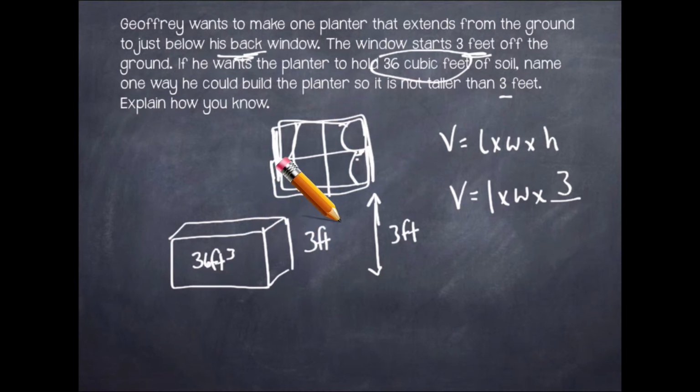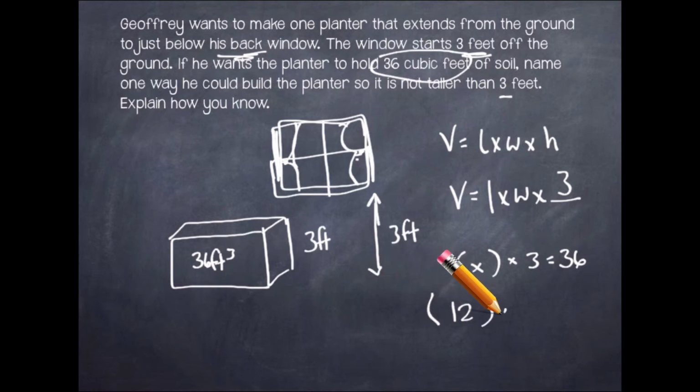Is there anything that we can multiply by 3 to get 36? Is there a number, just call it x for now, that we can multiply by 3 and get 36? Sure, 12, right? 12 times 3 would give us 36.